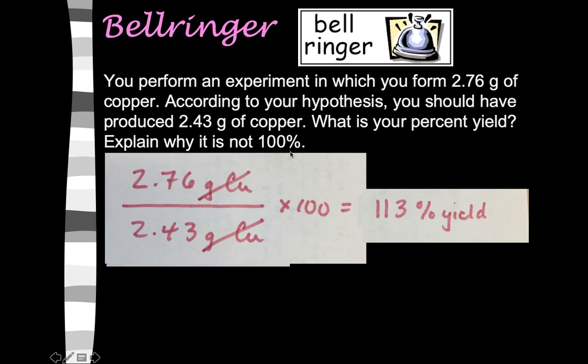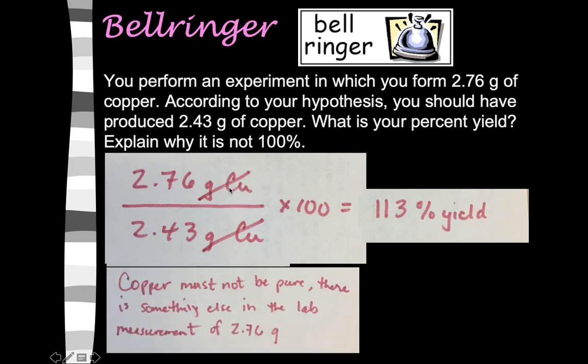Why is it not 100? Okay, let's think about this. I said that I measured 2.76 grams of copper, but it's not possible to get more than 2.43 grams of copper. So that tells us that in lab, when I measured grams of copper, it wasn't just copper. There must have been something else in it. Maybe when I was filtering, one of my other chemicals got stuck on the filter, or maybe it's still wet.